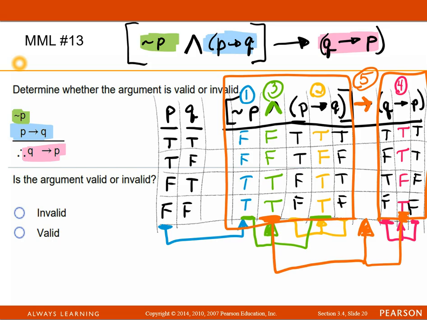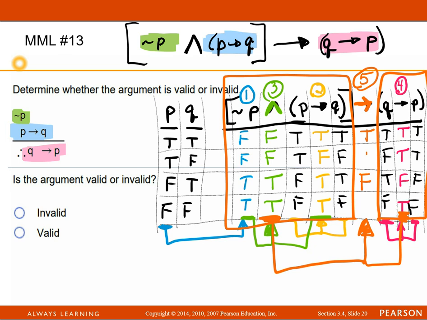And now I do an if then between the green column and the pinkish reddish column, pink column. And again, on an if then, the only time you get a false is when it's if true then false. And that would be this one here. Because if false then true is true.